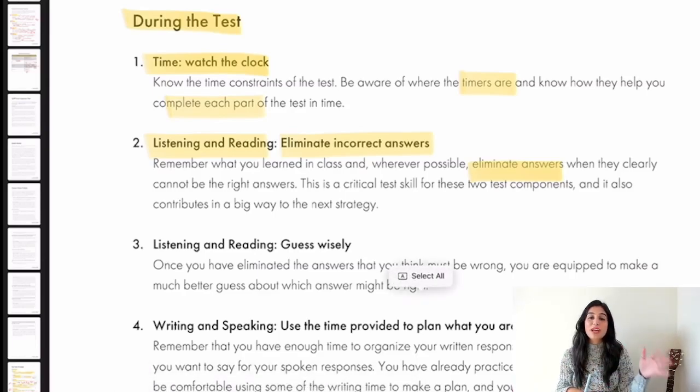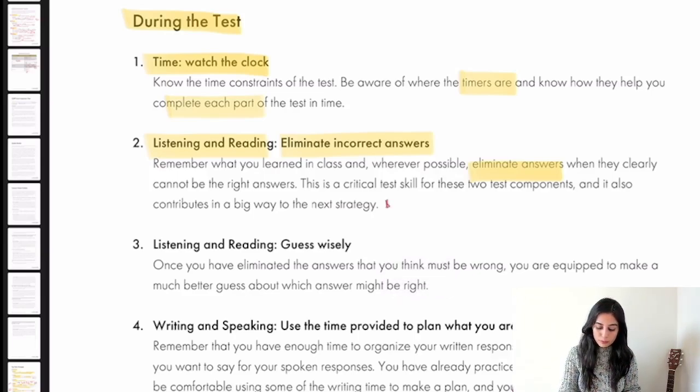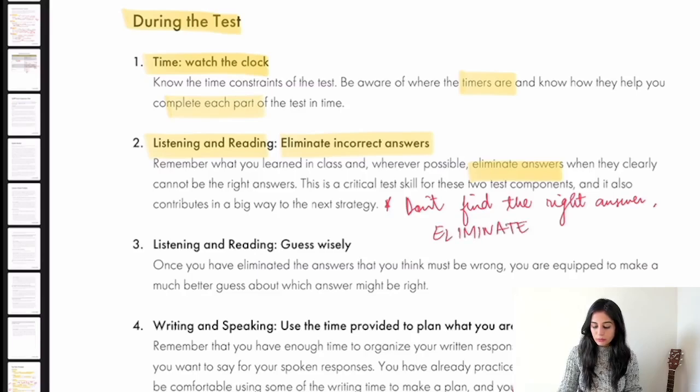If you have watched my IELTS videos, you would relate to this: don't find the right answer, instead eliminate the wrong ones.